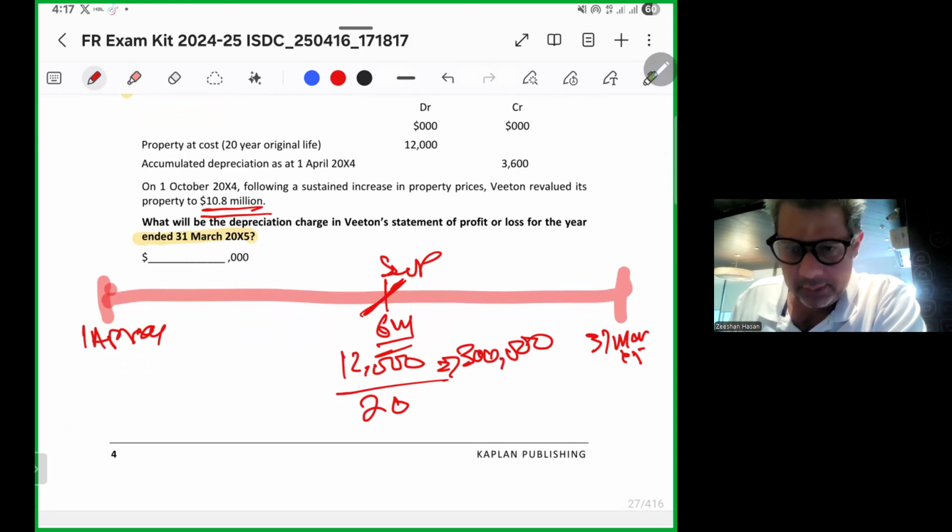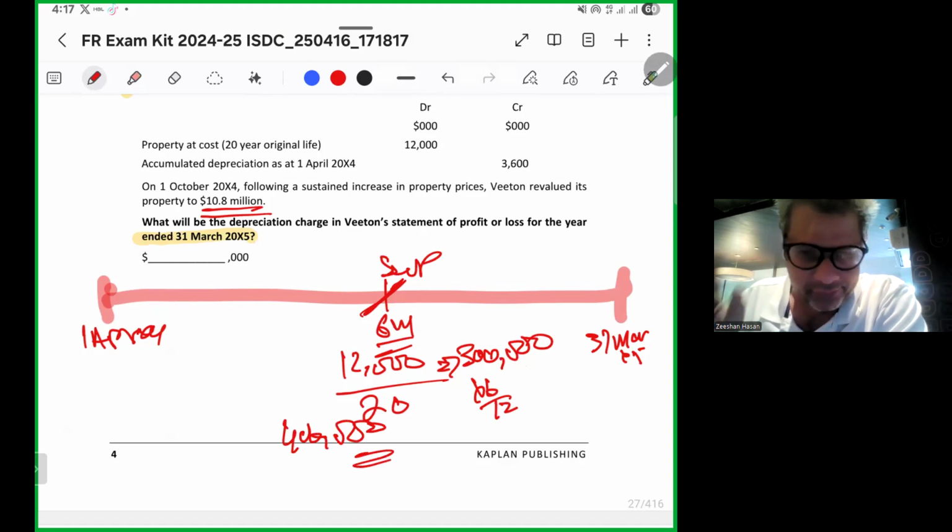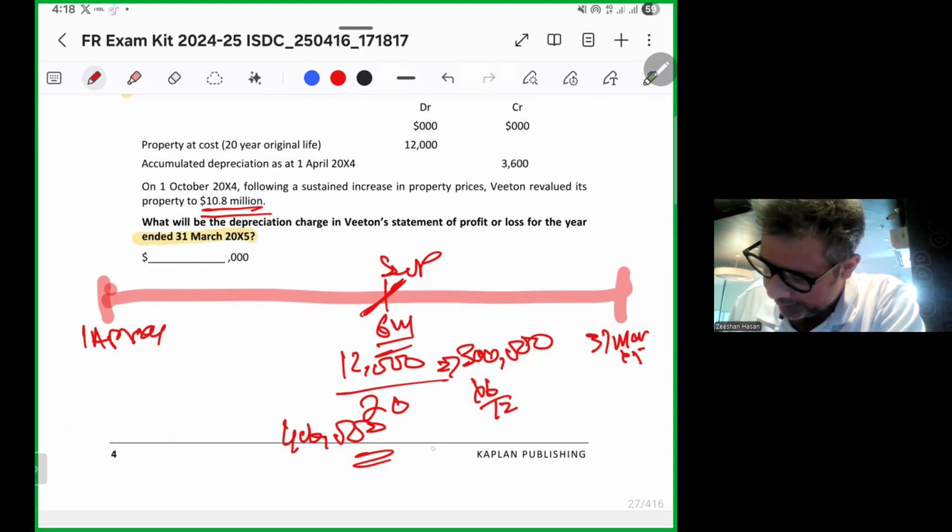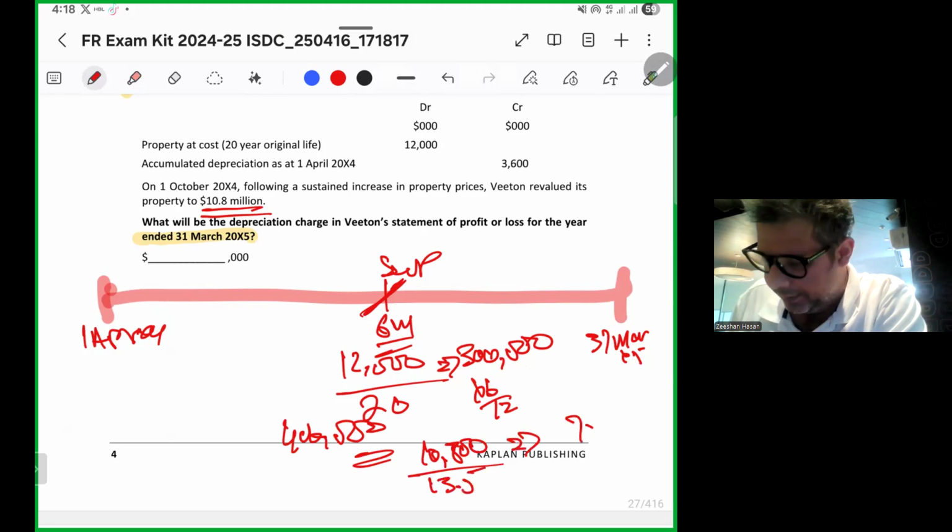So 300,000 into 6 divided by 12. 6 months depreciation from the date of revaluation to 31st March X5 would be 400,000. Now the net depreciation after the revaluation, as it's revalued to 10,800, the remaining life is 13.5 years. We got 700,000, and that's our answer.